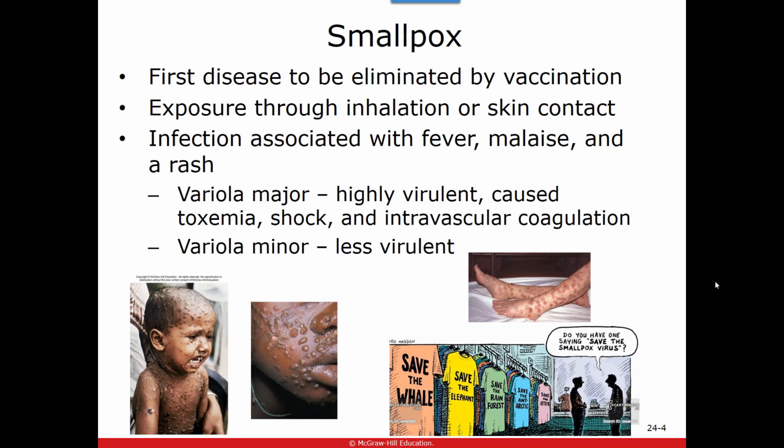Variola major was the more virulent, more likely to cause disease, more deadly. With the toxins it created, it caused toxemia, shock, and blood clotting. Variola minor was less virulent, but still a very deadly virus.